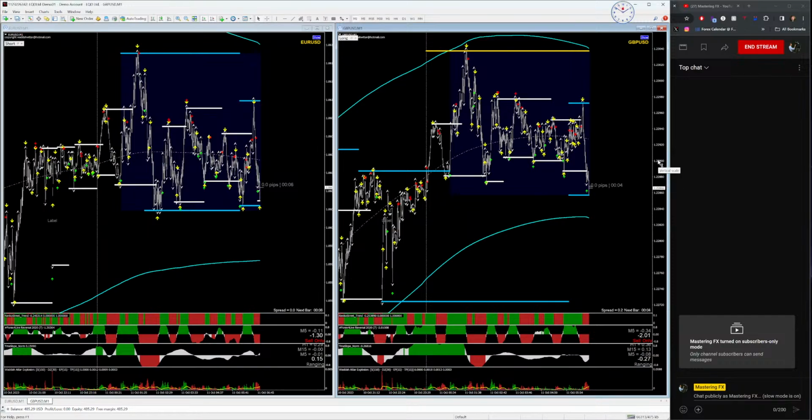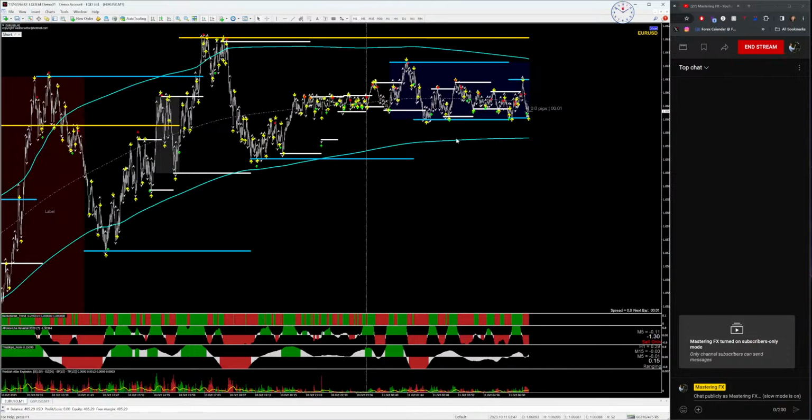Anywho, looking at charts, we had 4-hour support up here, and it was also outside of the band, so technically we're on a down move right now. However, in order to do that, I think we're gonna go up above the Asian session, sweep the liquidity up here.